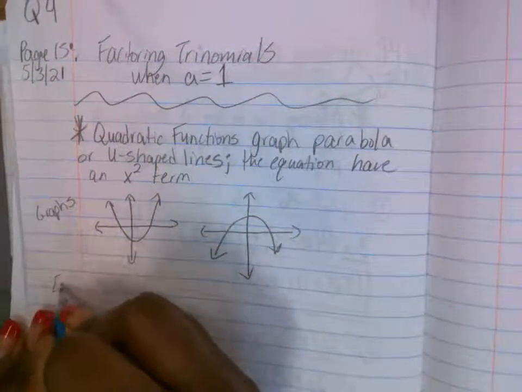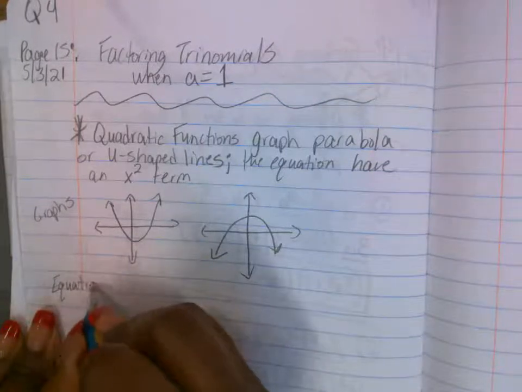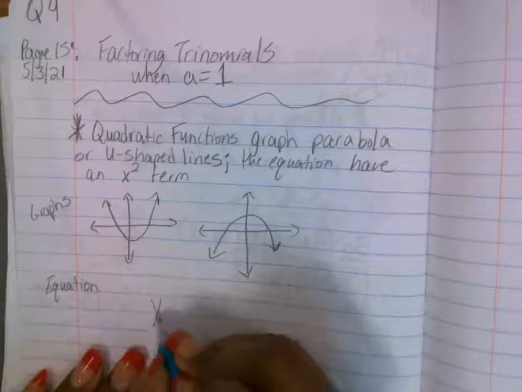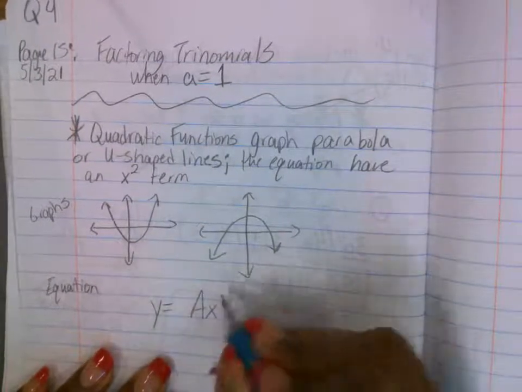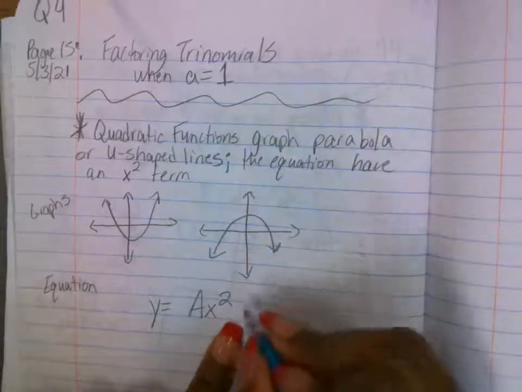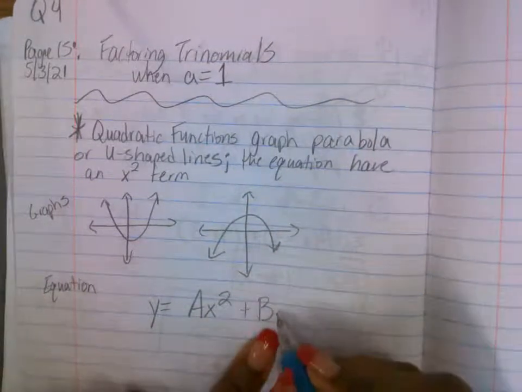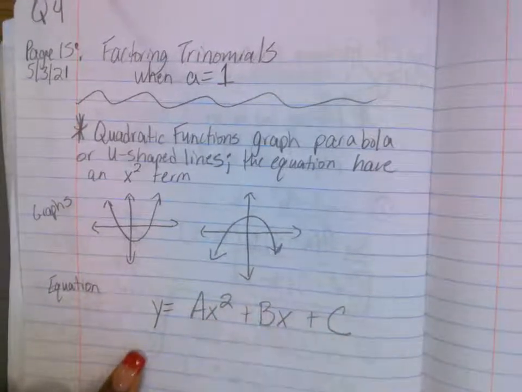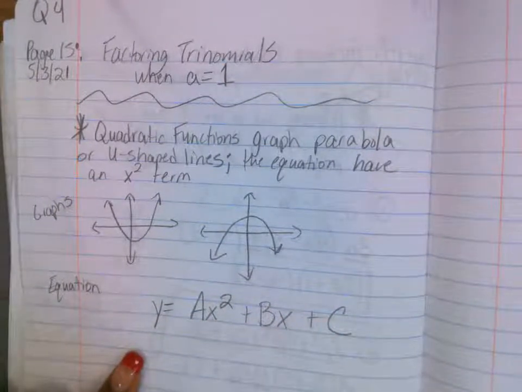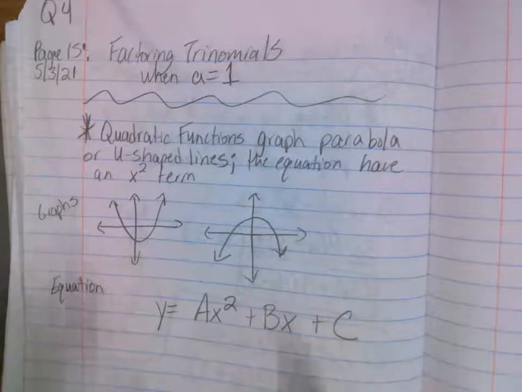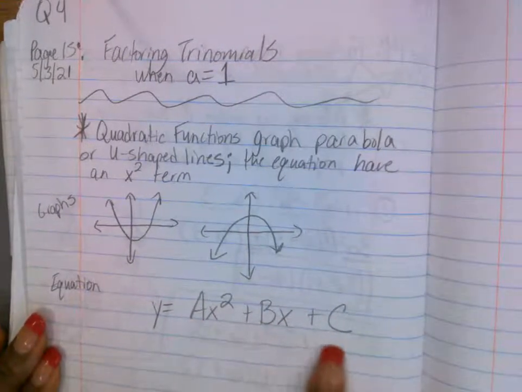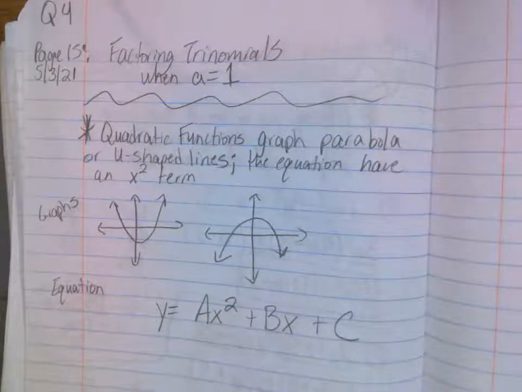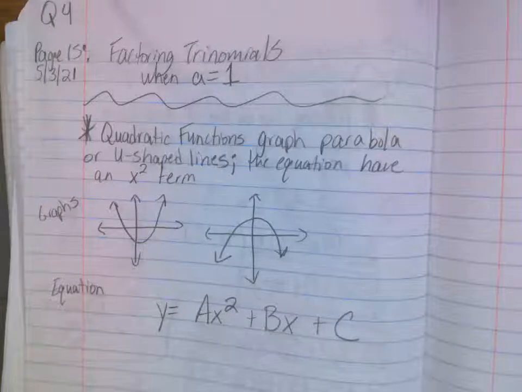The equations, on the other hand, most of them are written in this form: y is equal to ax to the second power plus bx plus c. Your a, b, and c are numbers. So it looks like this. Most of the time you'll see it's a trinomial. So what we're doing is factoring trinomials. We're factoring, in most cases, quadratic functions.